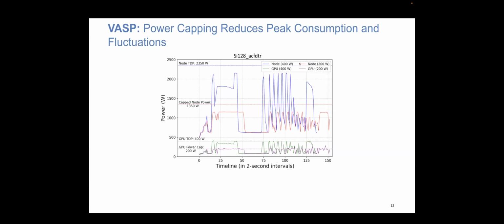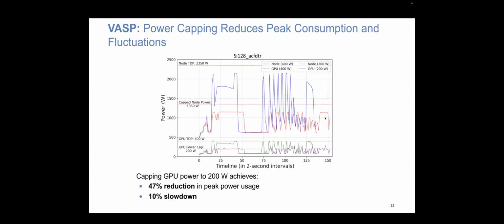And then the other set, the red and the purple lines, show the node power and GPU power when a 200 watt power limit is applied. So you can obviously see the peak power of the node, from blue down to red, is largely reduced. So we can see the effect of power saving. The peak power reduction is about 47%.